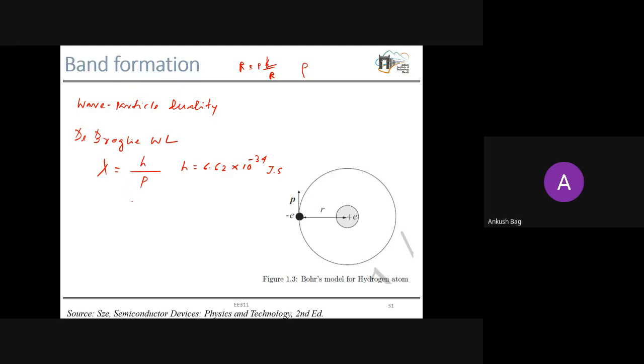You can consider the flying mobile as a wave, but the problem is this constant value. Here we have 10 to the power minus 34 in the numerator, and in the denominator your mobile will have some mass m, and some speed, let's say v. So that will obviously be some positive value.